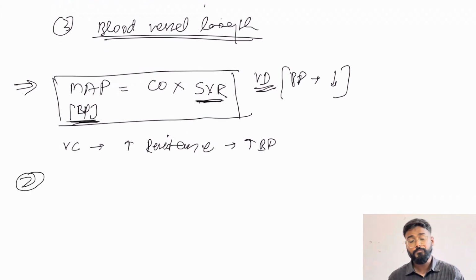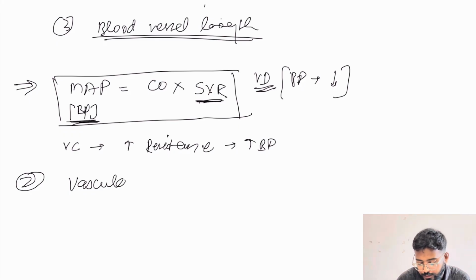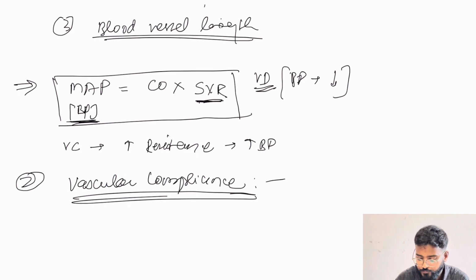What is the second factor? The second factor is your vascular compliance. Whenever the left ventricle ejects the blood from the cavity into the aorta, in order to accommodate that amount of blood, the walls of the aorta need to get stretched in order to accommodate that extra amount of blood in very little time.